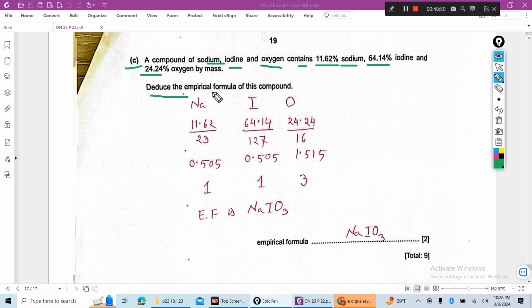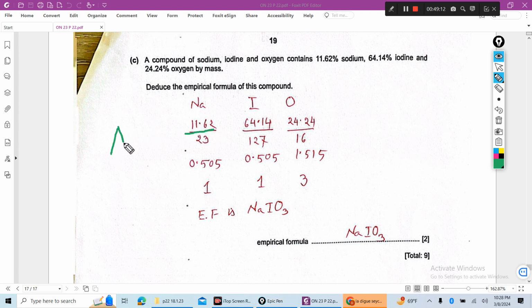Deduce the empirical formula of this compound. So at first you write sodium, iodine, oxygen, their percentage 11.62, 64.14, 24.24. First you will divide by their Ar.